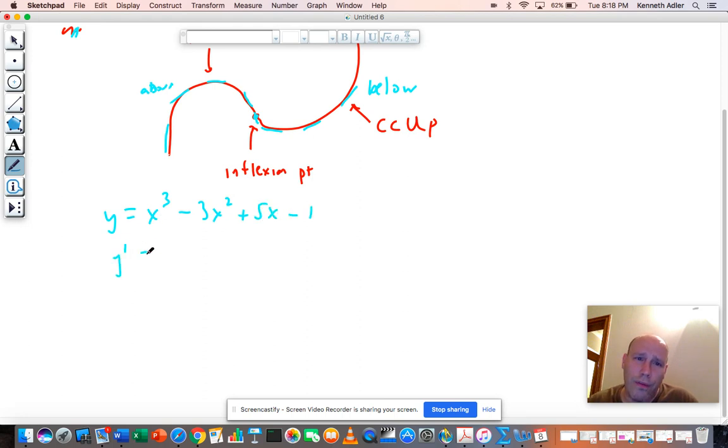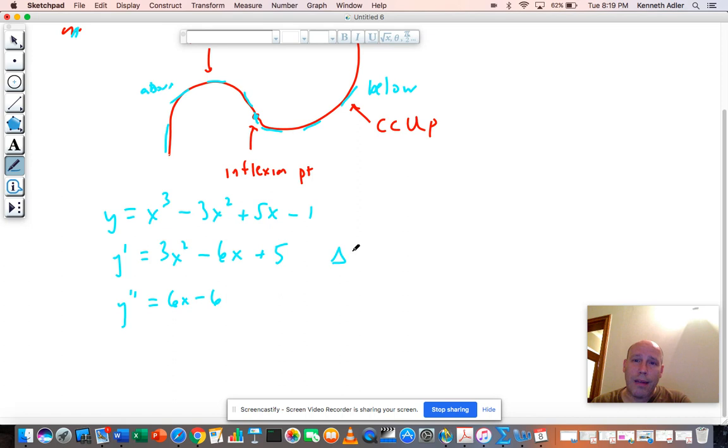The first derivative is 3x squared minus 6x plus 5. And then we're looking for the inflection point, the second derivative. So we have 6x minus 6. Just on a side note, what can we say about this function? How do we know this is always positive? Any suggestions?